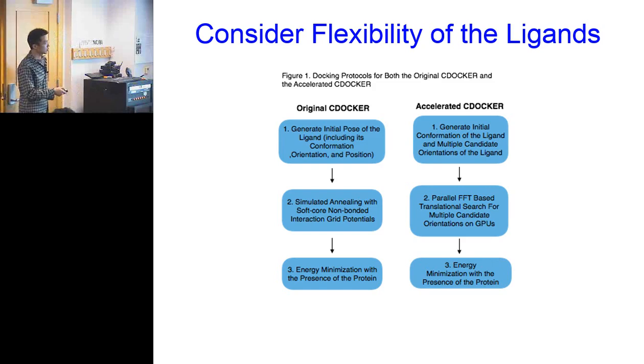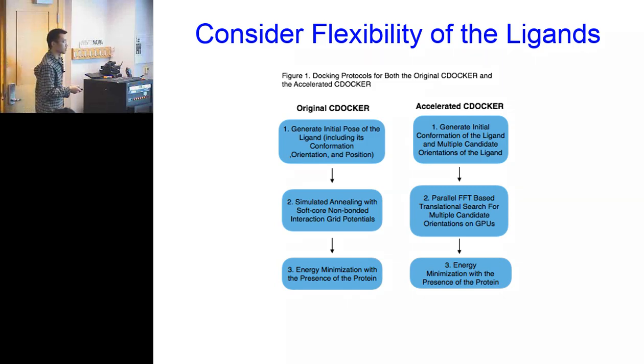Then we do the FFT search, parallel FFT search on GPU. So for each conformation, you have multiple orientations. You do translational search on all these orientations, and you find the energy minimum.